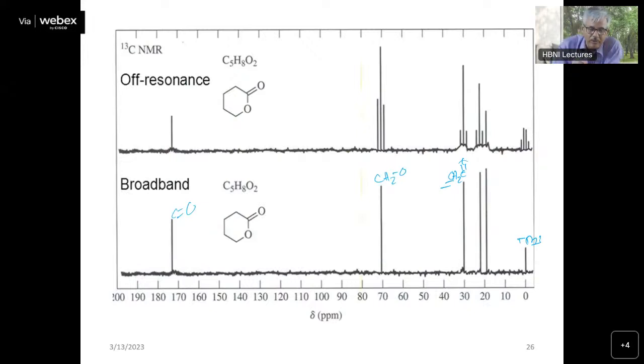But now if you do an off resonance decoupling, you can see that this CH2 is coupled only to these two hydrogens, so they are coming as a triplet. Similarly, this CH2 is also coming as a triplet, and here you can see there are two triplets overlapping, due to this one and this one.